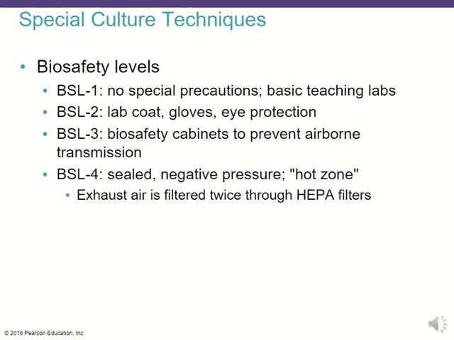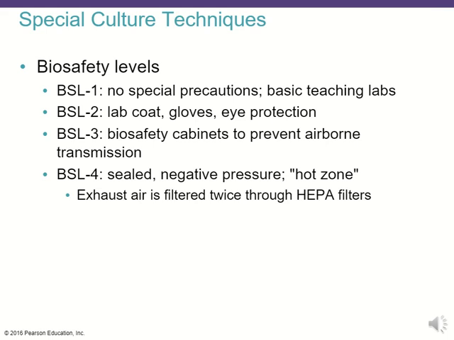There are hazards to keep aware of, such as levels of biosafety, which range from 1 to 4. The first level has no special precautions, and basic teaching labs will use those levels of microbes. Biosafety level 2 would require the use of a lab coat, as well as gloves and eye protection to maintain safety.